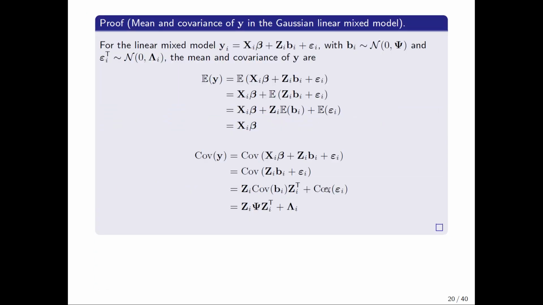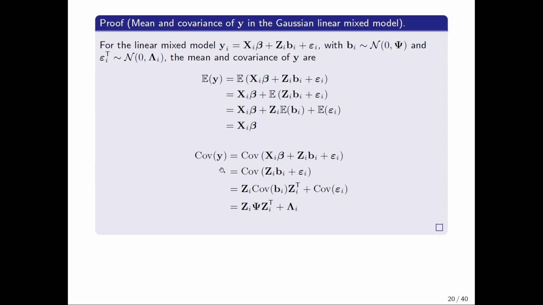I'll just take you through this slide briefly, since it's short. This slide gives the proof for the mean and covariance in the Gaussian linear mixed model. You can verify it in your own time, but essentially, for the mean, take expectations through the model. The random effects and the errors both have zero expectations, so we're left with X_i beta, simple as that.